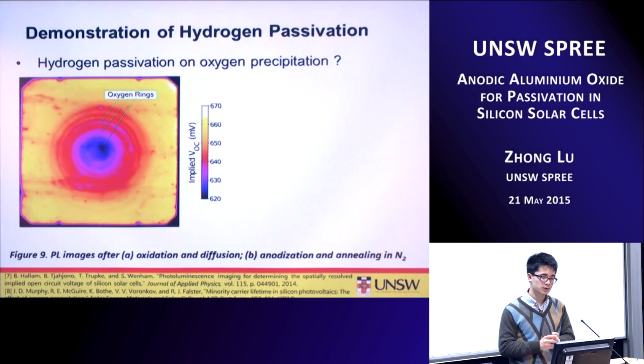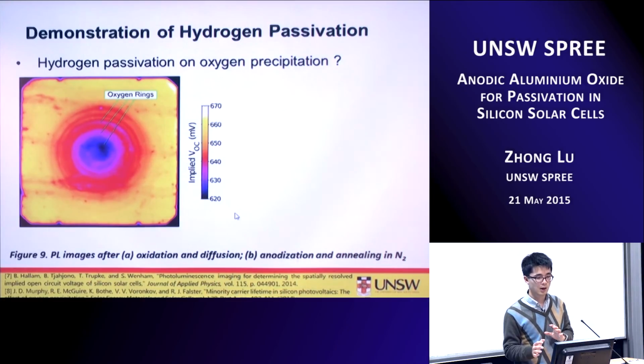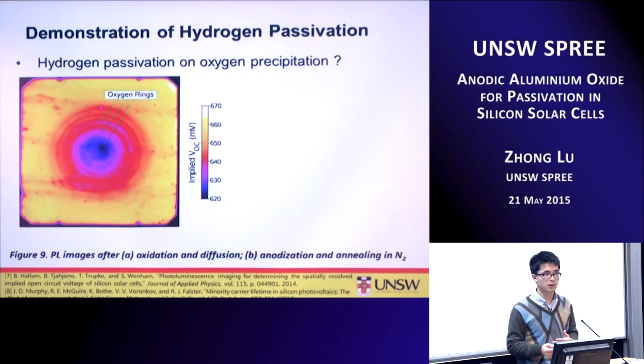Brett found that you see this kind of oxygen precipitation ring, and in a lot of literature it is reported that this oxygen precipitation can be passivated by hydrogen, so it can be removed. Most people fire the sample with a PECVD silicon nitride, because the silicon nitride stores a high content of hydrogen, and during the firing or annealing, hydrogen passivates the oxygen precipitation, and this type of ring can be removed.